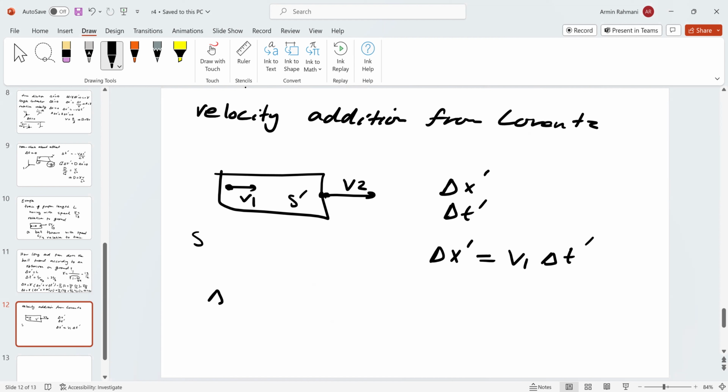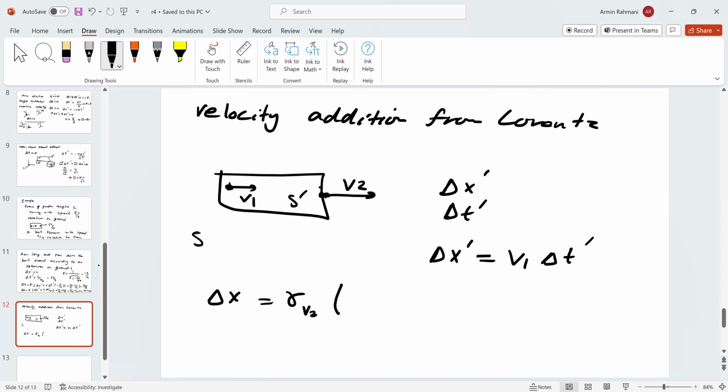Okay, so now let's plug those into the Lorentz transformation. So we have delta X, again, how much this object has moved between the two events, starting here and ending up somewhere, according to the person standing outside in reference frame S. So that's going to be gamma, and we have to be careful what gamma that is. So that's gamma calculated with respect to V2, right? The relative velocities of the frames.